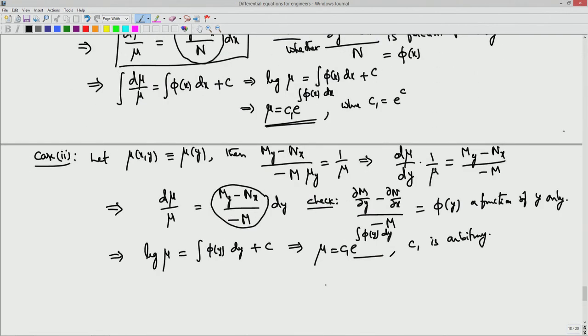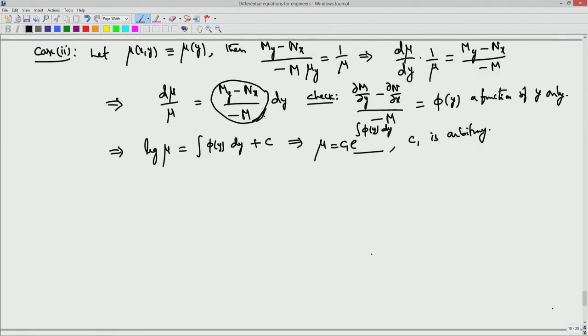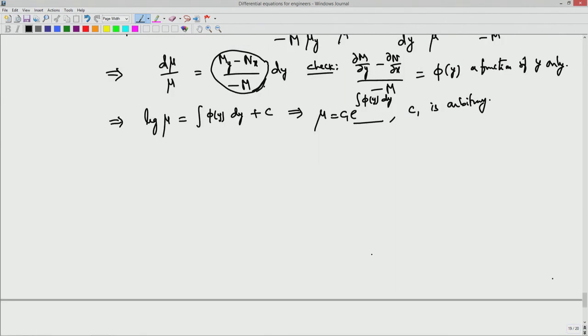Similarly, if you want only a function of y, if you verify that this is a function of y alone, then you can find your integrating factor mu as a function of y alone. So we will do some examples in these two cases before we go to the general case. Okay.